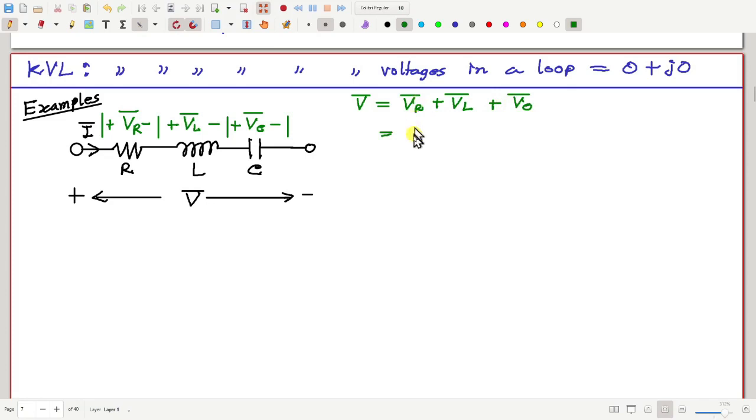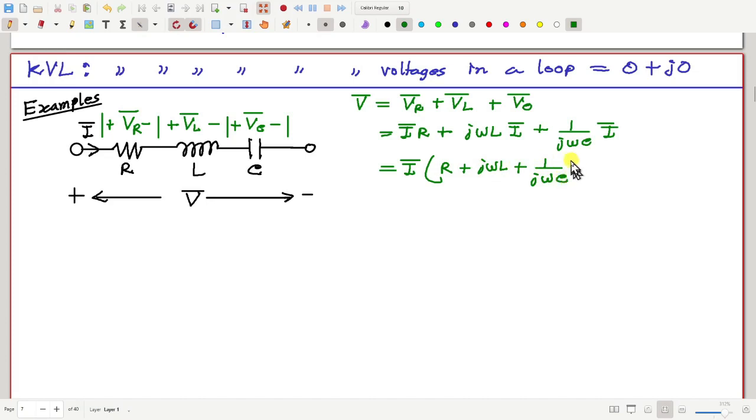Now how much will be VR? That will be I multiplied by R. VL will be j omega L multiplied by I, and VC is 1 by j omega C multiplied by I. Together I can write I common, R plus j omega L plus 1 by j omega C.